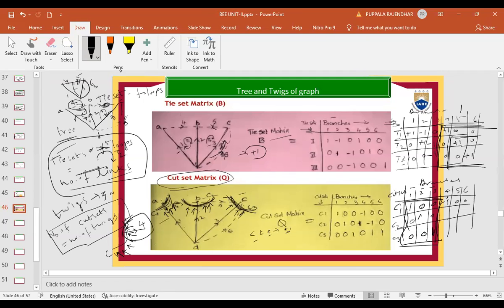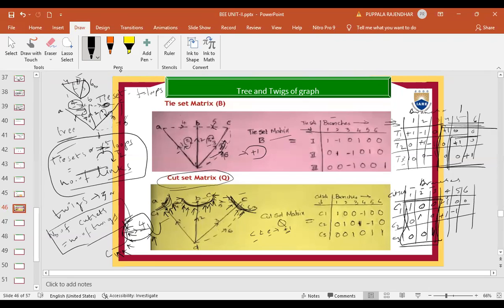Now C2 to 4. C2 to 4 is in this direction, so it is +1. Yes, follow this. C2 to 5 is -1.